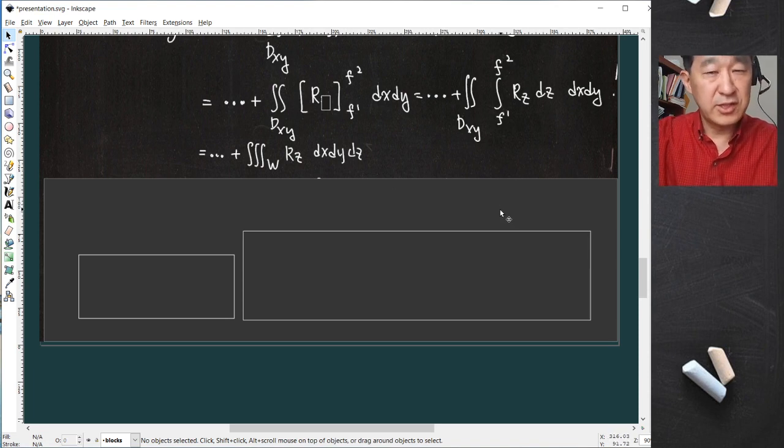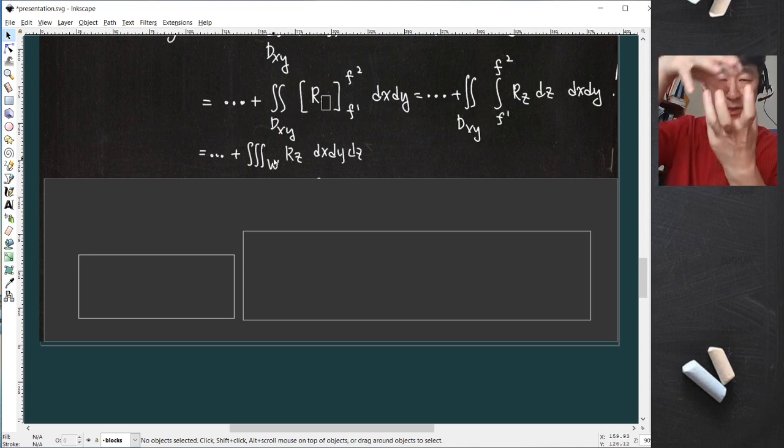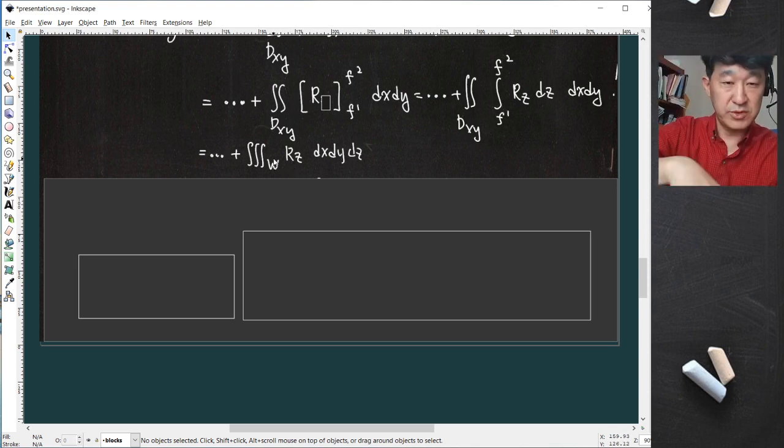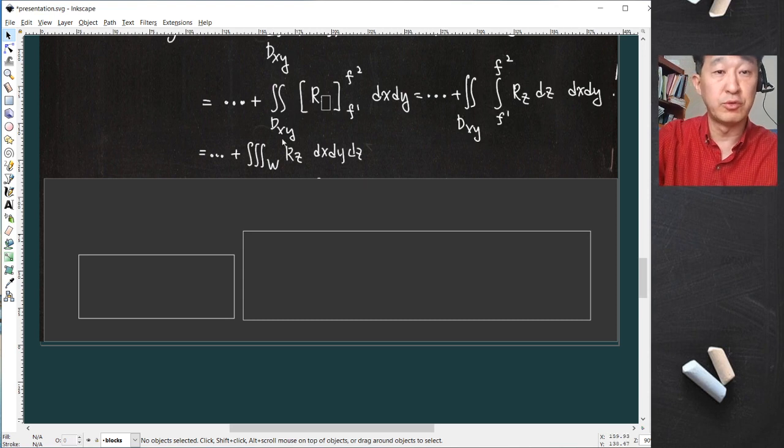I hope the connection is simple. Think about how you would calculate the triple integral if this W has this nice projection over xy, and then given an xy point, you go from the bottom to the top part. If everything in between is part of the solid, this is exactly how you would calculate these triple integrals, right?